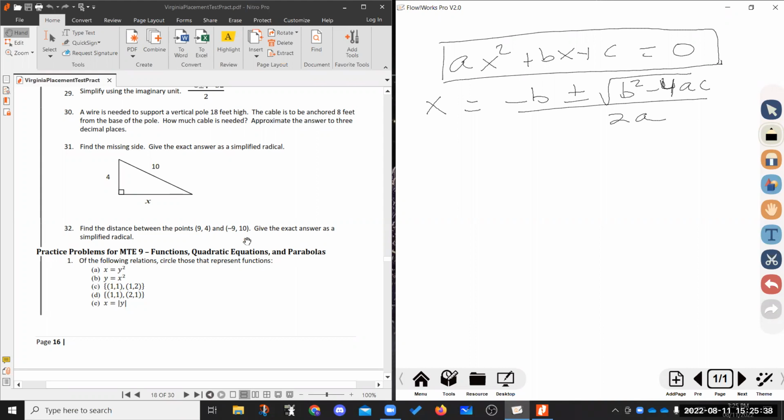We're also going to be doing something called completing the square down here. Much of what we talk about in MTE 9 next time is also going to be covered in the new course, MDE 61, for the VCCS, which is what all this is from, the Virginia Community College System.